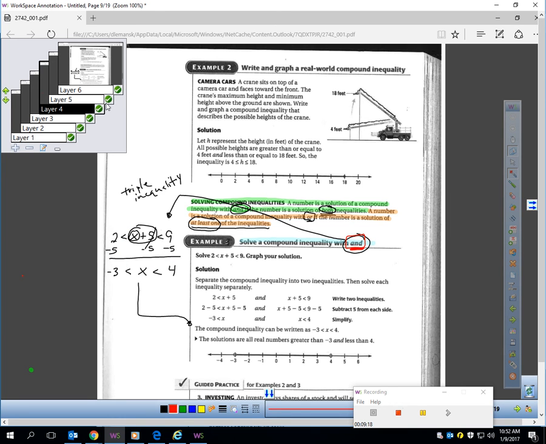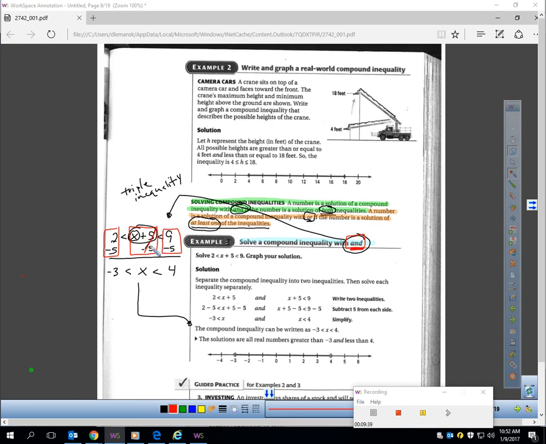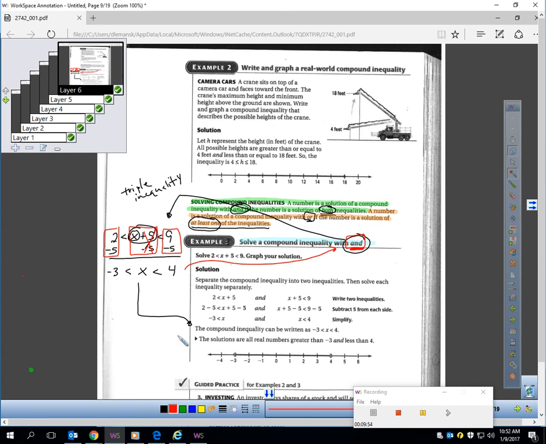I subtracted 5 from the left side, in the middle, and on the right. So 2 minus 5 is -3. The 5's in the middle cancel. 9 minus 5 is 4. So the answer to this compound inequality is -3 less than x less than 4.